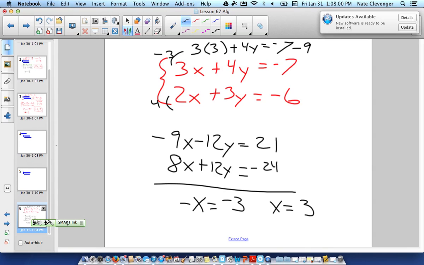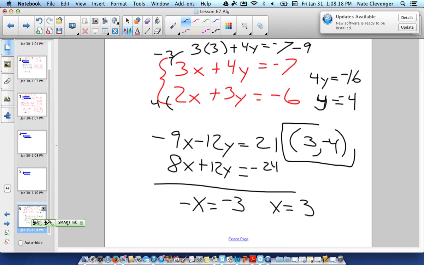So I have 4y equals negative 16. So y equals negative 4. Spencer, is that good? Yep.